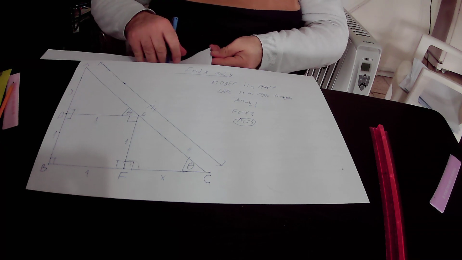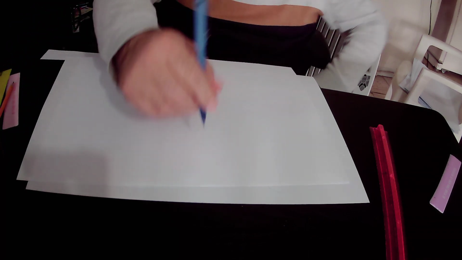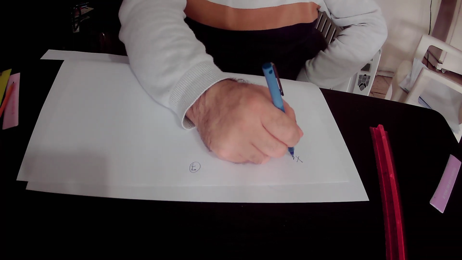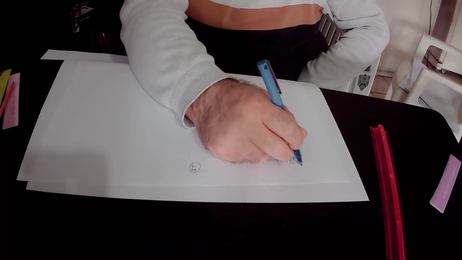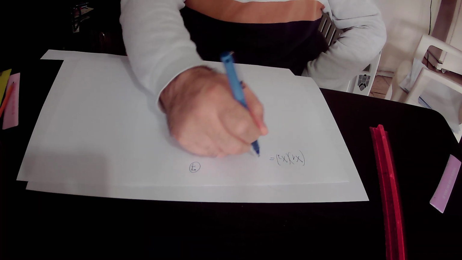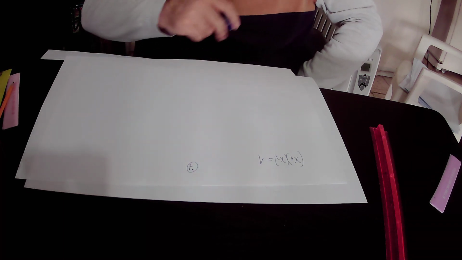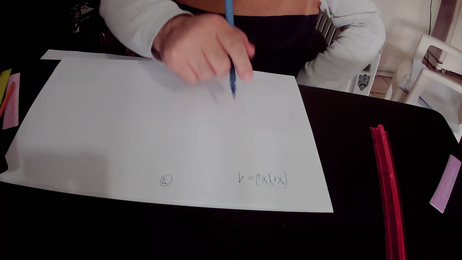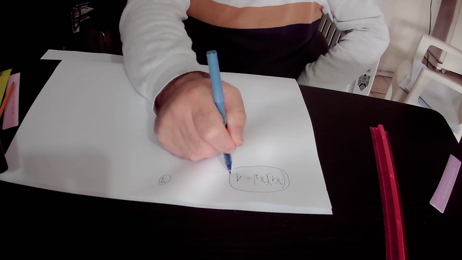I'll repeat again. We actually found out that x1 times x2 equals 1. What is the meaning of this equation, that x1 times x2 equals 1?